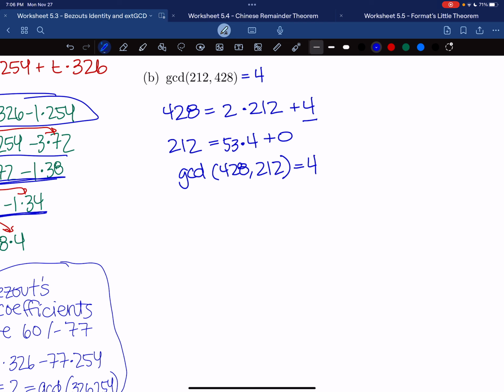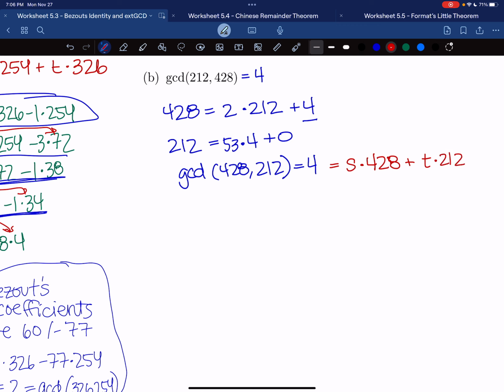But now we want to write, and we know that because that's the GCD of those two values, we know that we can write that out as some multiple of 428 plus some multiple of 212.